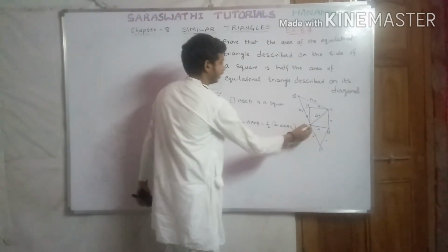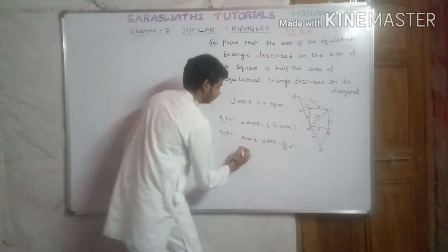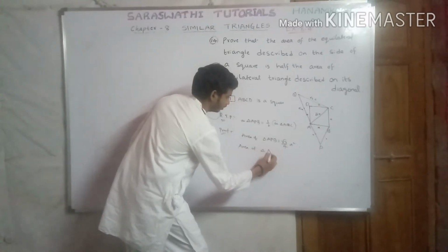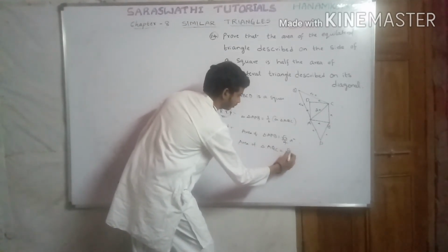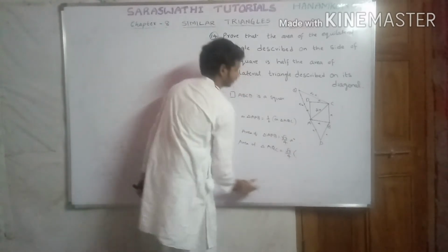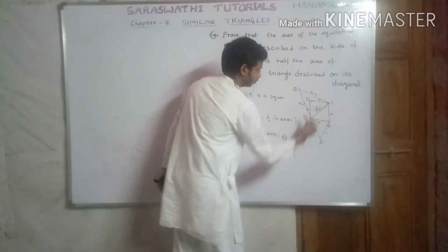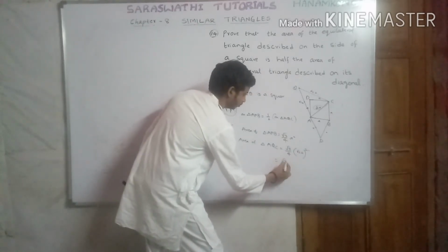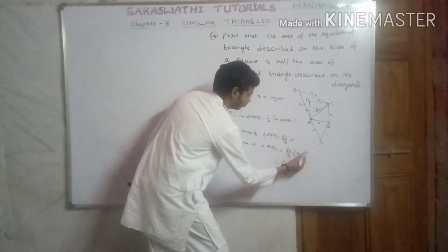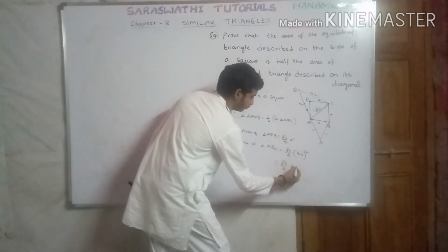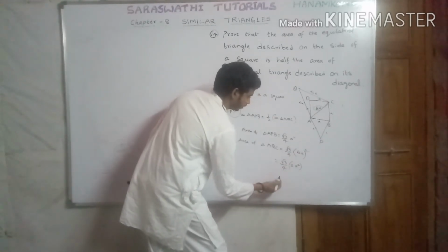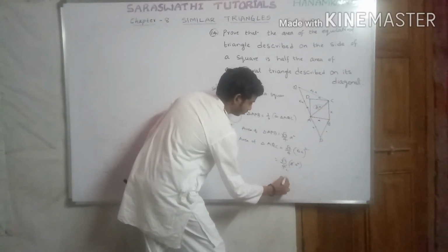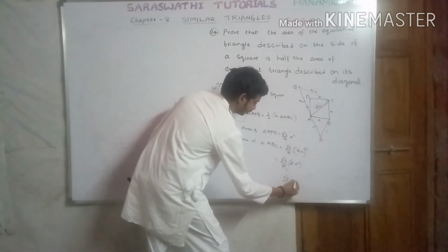Now similarly, area of triangle AQC equals root 3 by 4 times side squared. Here the side is root 2 a, so we consider root 2 a whole square. Root 3 by 4 into root 2 whole square is 2, so it means 2 a square, which gives root 3 by 2 a square.